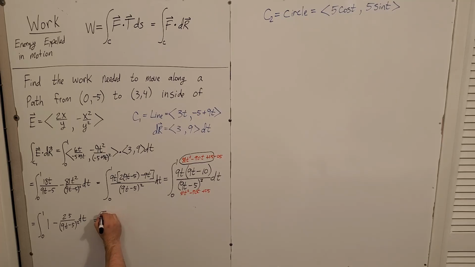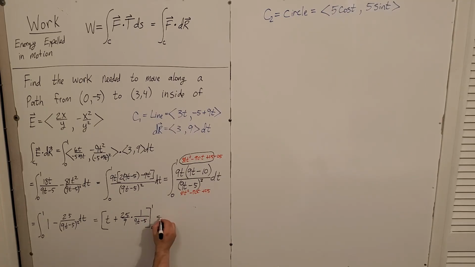That's just going to be t plus, because it'll be the negative 1 power divided by the new power, 25 over 9, because of the inside derivative of 9, and times 1 over 9t minus 5. And that's going to be evaluated from 0 to 1.